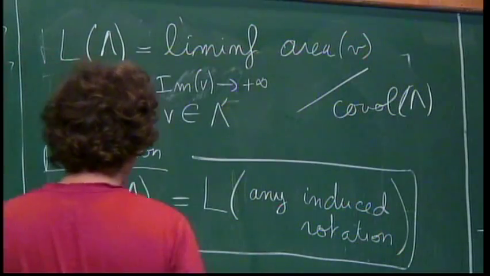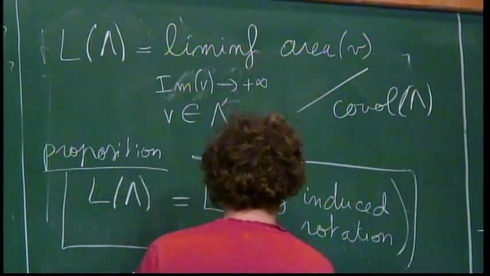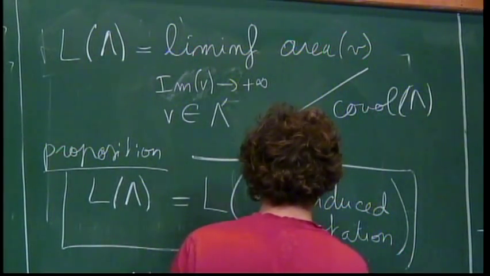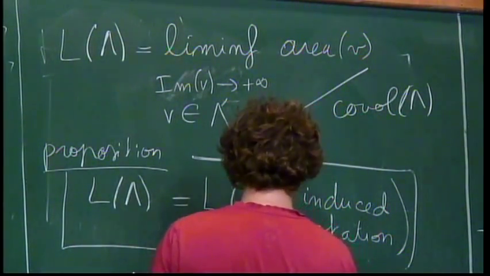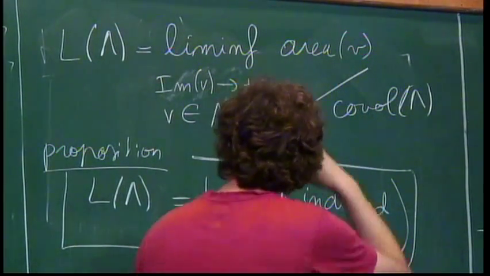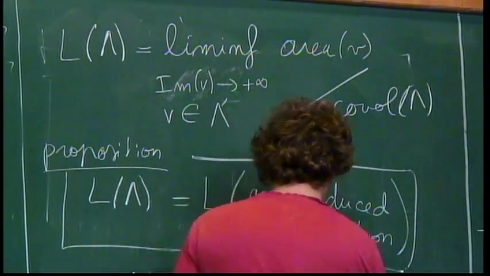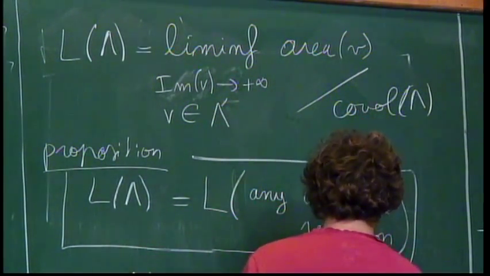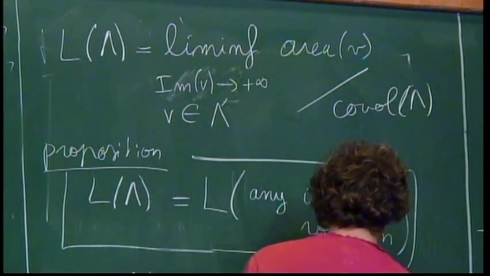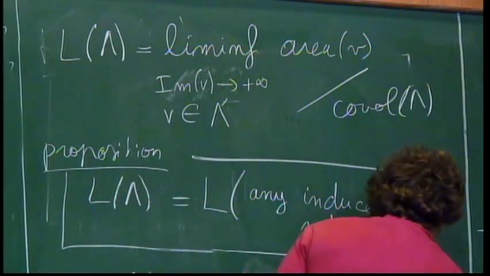Let me define S. So S of lambda is the lim inf as t goes to infinity of the shortest vector in g_t lambda.